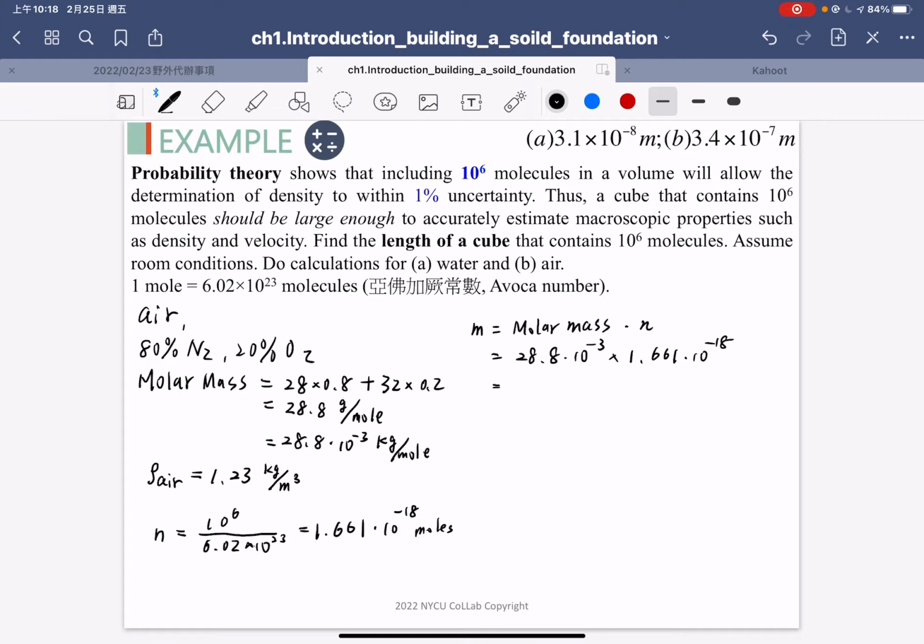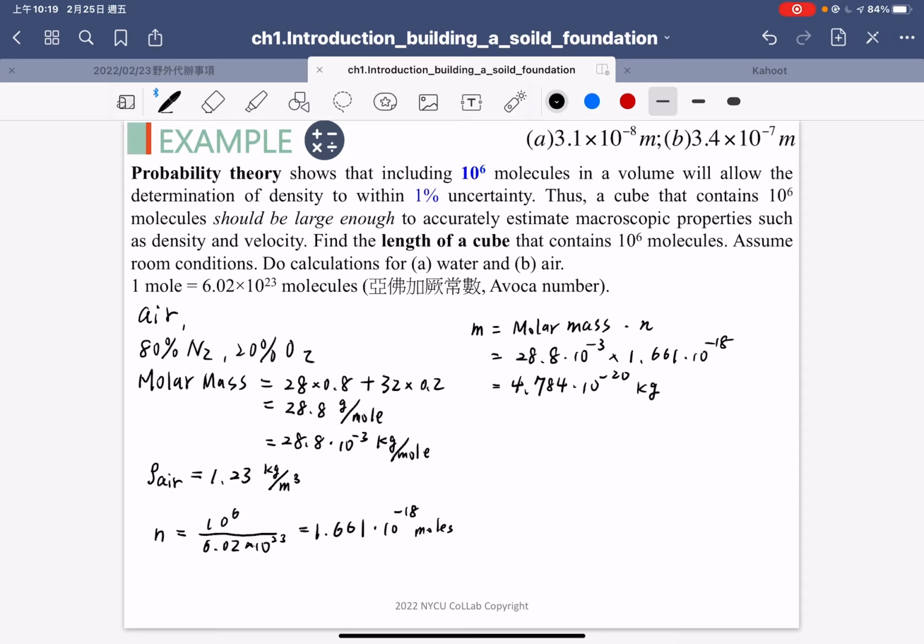I use my calculator, and the answer here is around 4.784 times 10 to the minus 20. The unit here is kilograms.